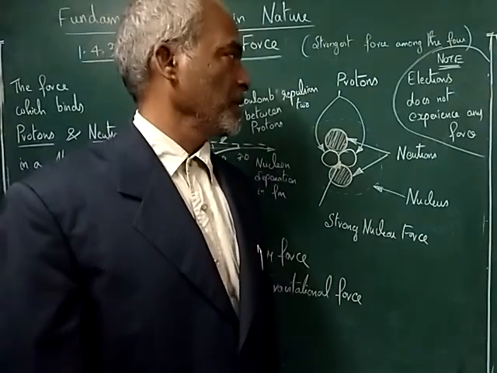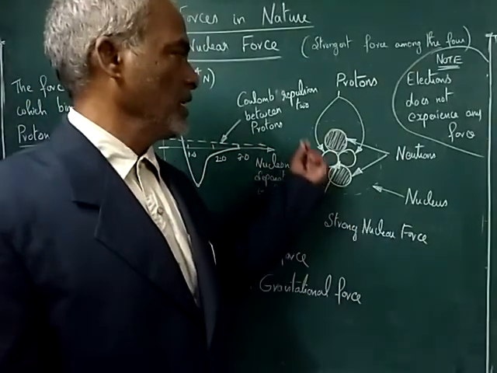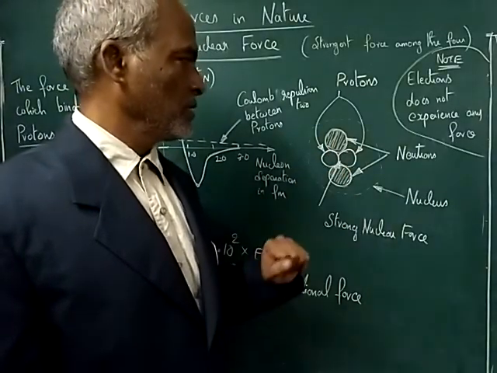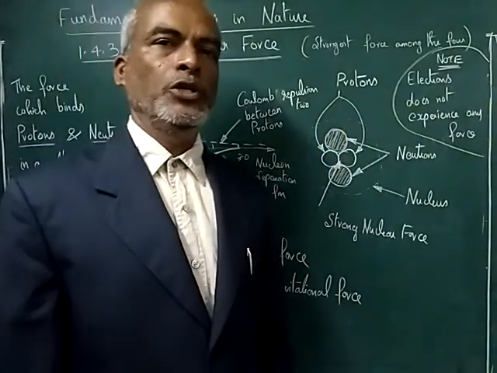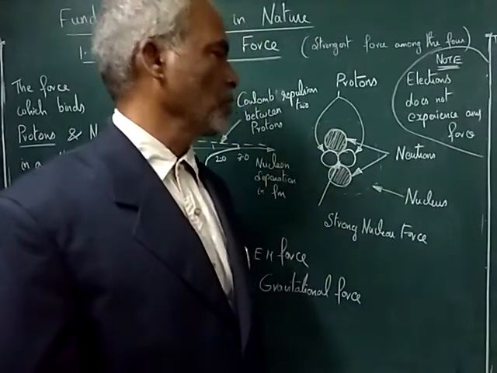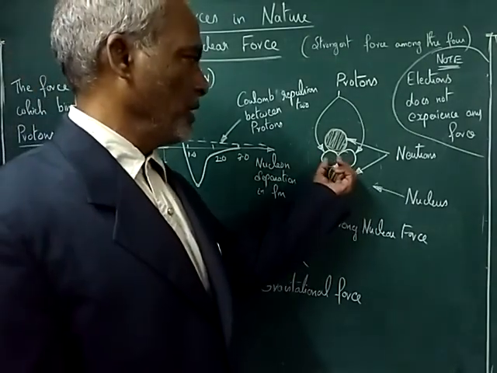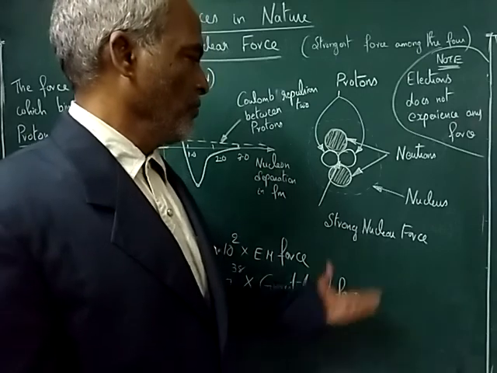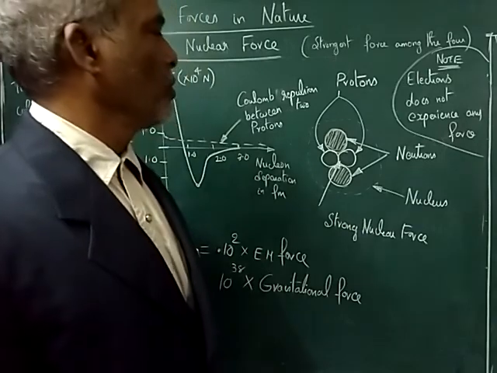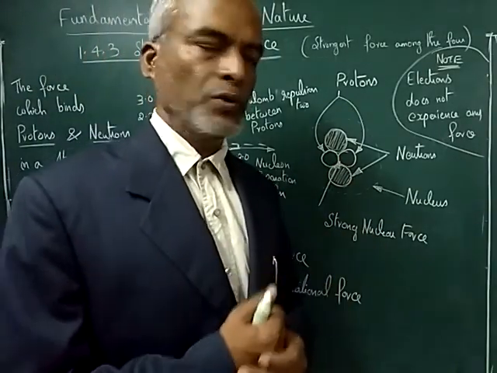Now if you look at the nucleus, inside it we have neutrons and protons, and put together we call them nucleons. These are all residing inside the nucleus. Because of the bonding between the nucleons, we say it is a strong nuclear force. Even though we have two protons, you may say it is a repulsive force.